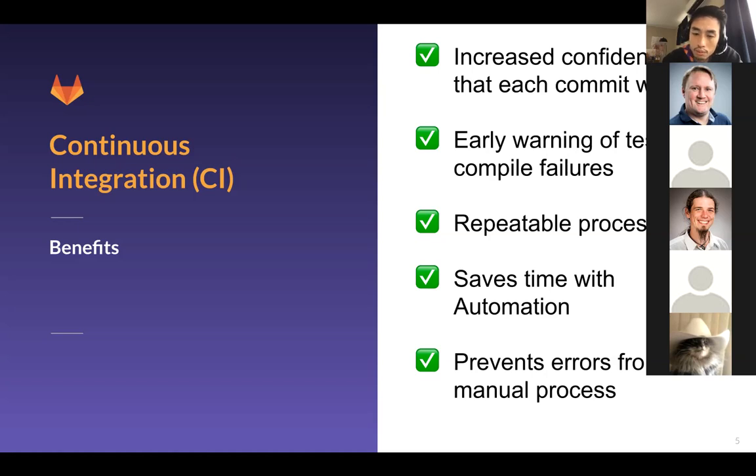It also increases confidence that every commit works because we're actually testing on every commit instead of testing at a manual point in time. And it could be hundreds or thousands of commits before someone remembers to actually run tests manually, right? Yeah, so that's the idea.